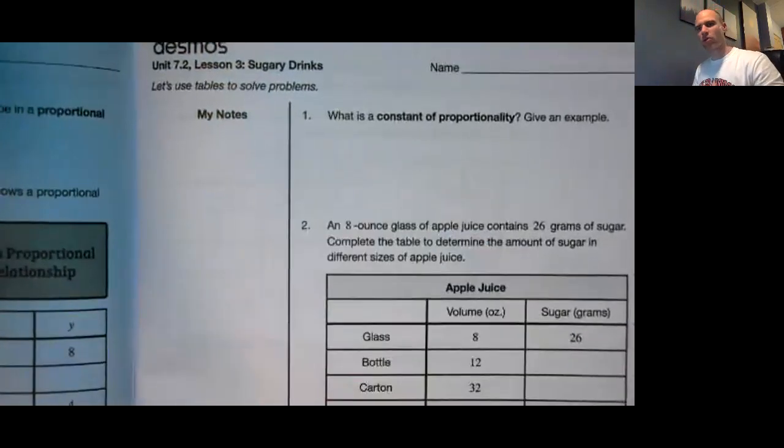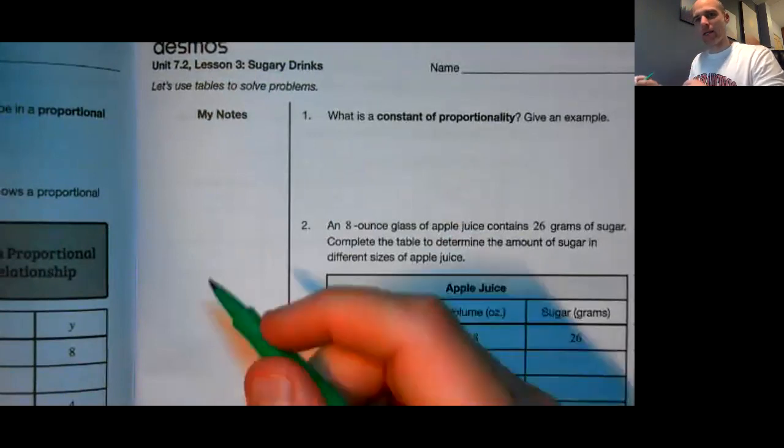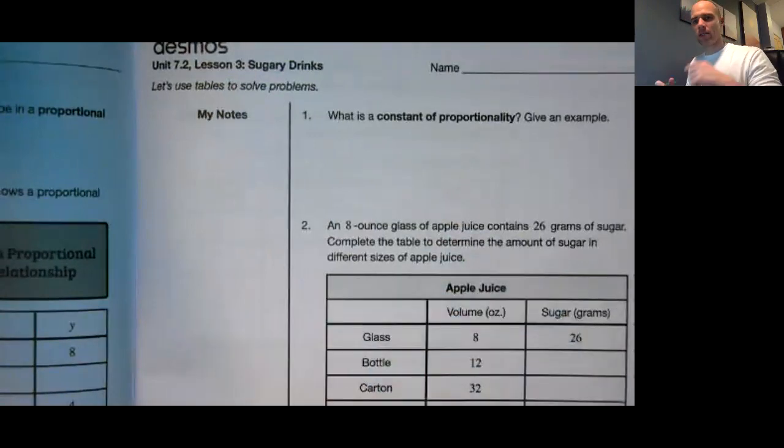So right now we're learning about proportional relationships. There's this special number, the constant of proportionality, that is a big piece of what we're doing. I'm not sure if I've mentioned this in class yet. In the My Notes section, let's make a really important note about the constant of proportionality.